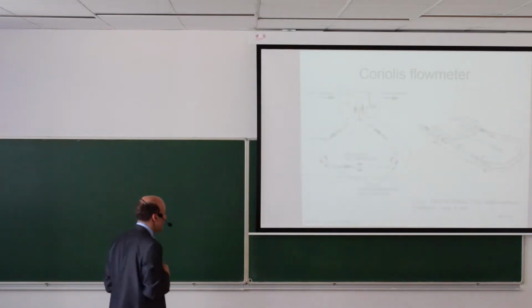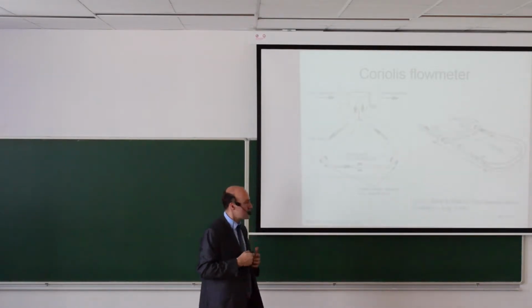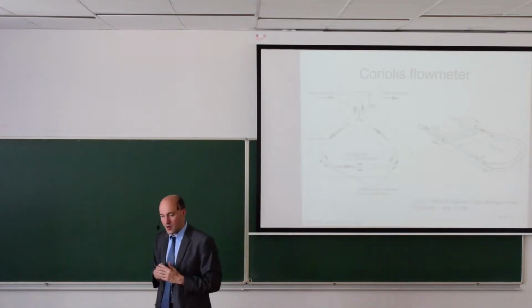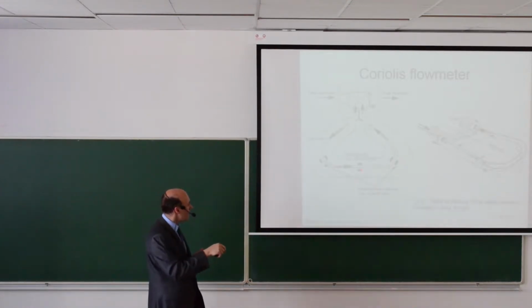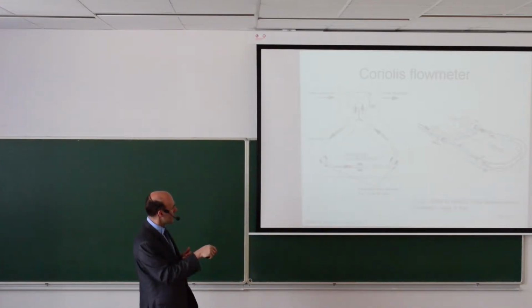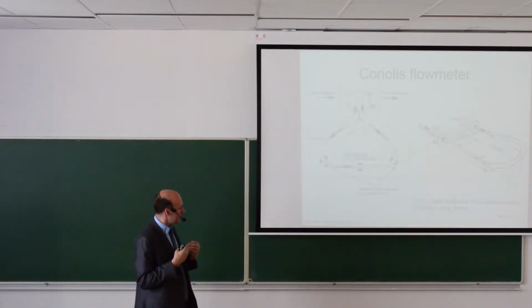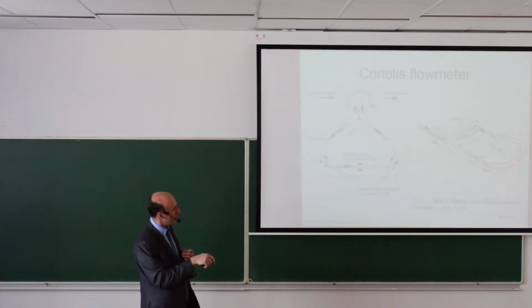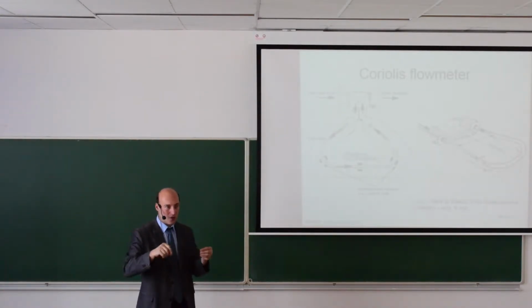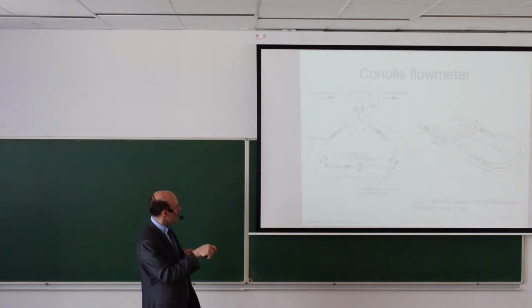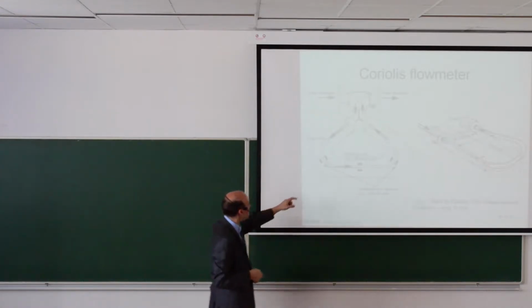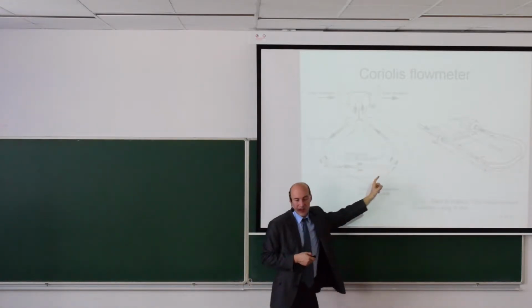The construction of the Coriolis flow meter is the following. Here you have a driving unit, eventually driving coils. It's the actuator that makes this tube move up and down. The tube is twisted like this, and here and here you see we have displacement sensors.